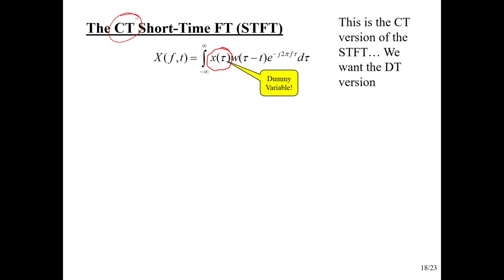And now I'm applying a window, could be a rectangle, could be Hamming, whatever. And I'm going to slide that back and forth, and I'm going to use the variable t to put it into a certain position. So tau is the variable that it is varying over, and t is just a positioning variable. And then I'm going to take that product signal.